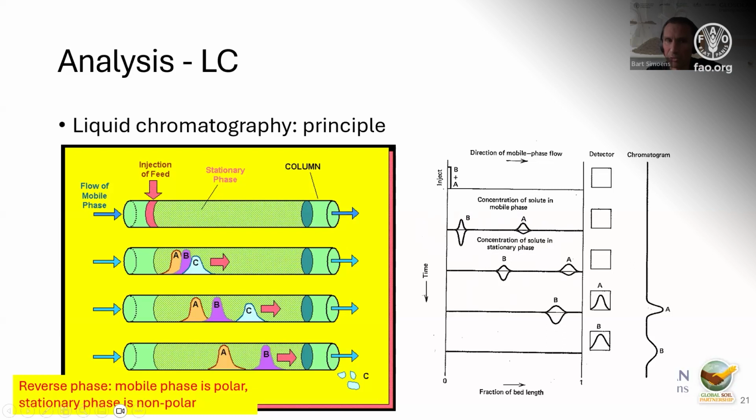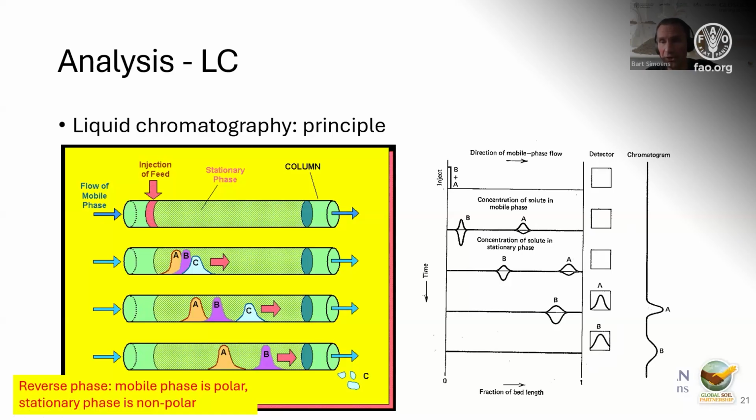Of course, I think it's logical that the more A and B are different, the easier it will be to separate them. And then what is indicated in this right picture, not on the left one, is that we need a detector. We need some tool, and there are quite a lot of them, to show when a molecule is leaving the column or not.